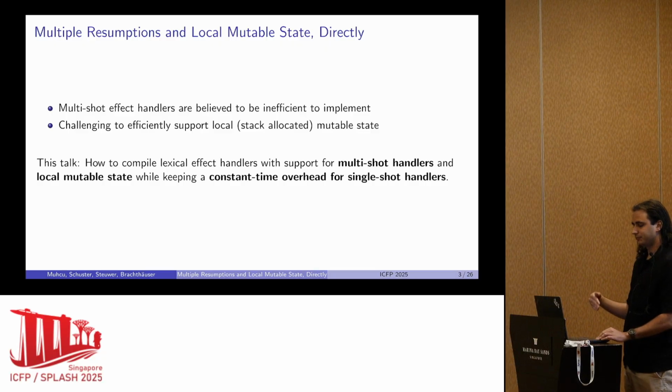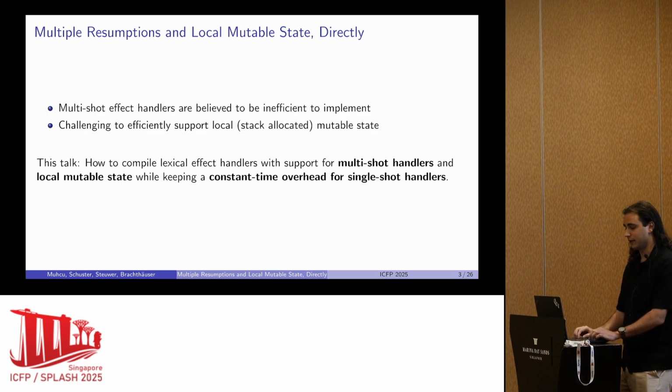Right, but multiple resumptions are usually believed to be very inefficient to implement, and there are languages out there that explicitly disallow multiple resumptions to remain in the more efficient world. Also, multi-shot handlers make it more challenging to support local mutable state efficiently.